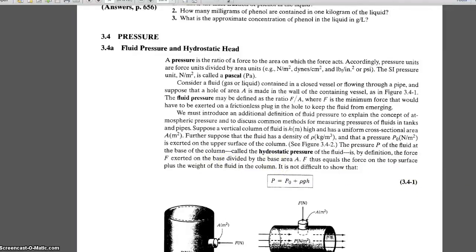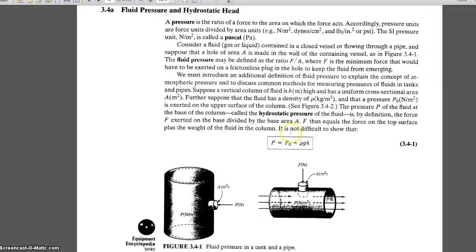Anyway, the total pressure is P equals P naught plus rho g h. I guess P naught is the atmospheric pressure and rho g h is the hydrostatic pressure, which in total add up to provide the total pressure at the base of the column.